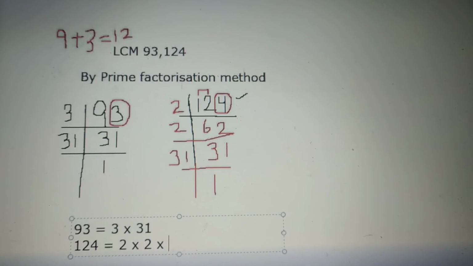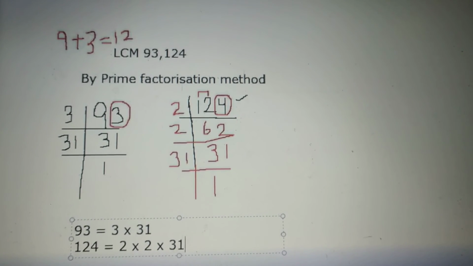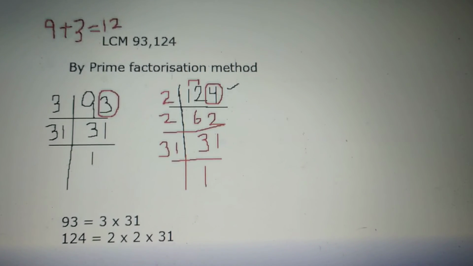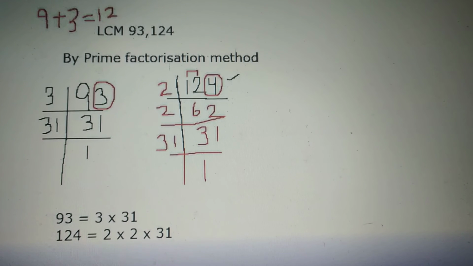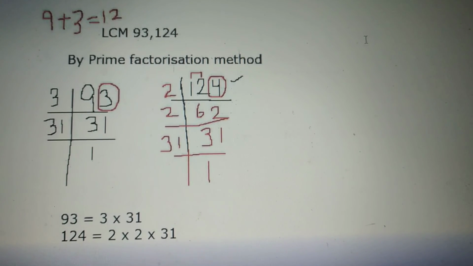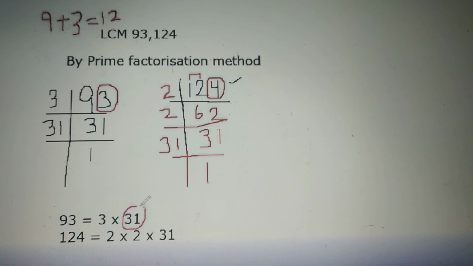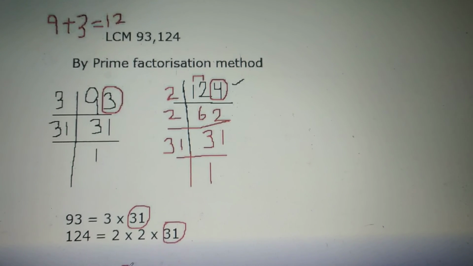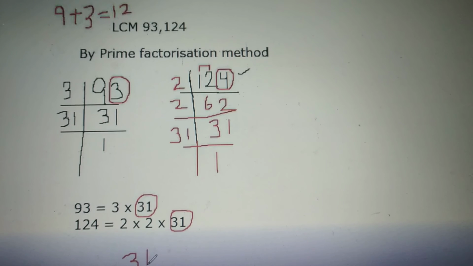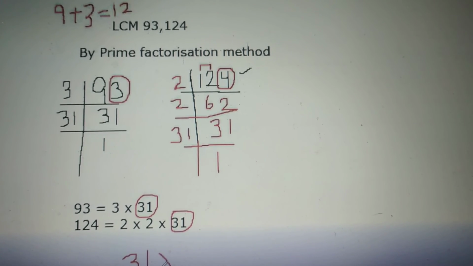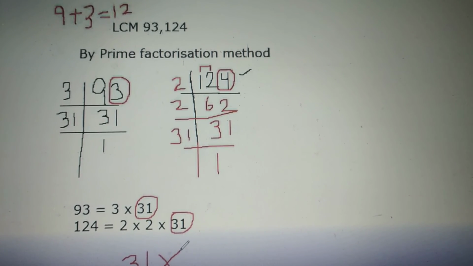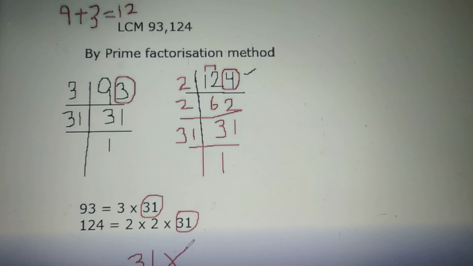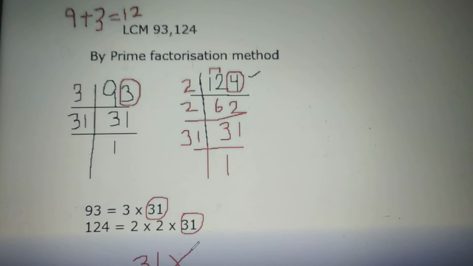I will first of all take out the common factors. The common factors are, I can see only one common factor here, that is 31. So I will write 31 as it is. You remember that in HCF we only used to find the common factors, so HCF of these numbers is 31.